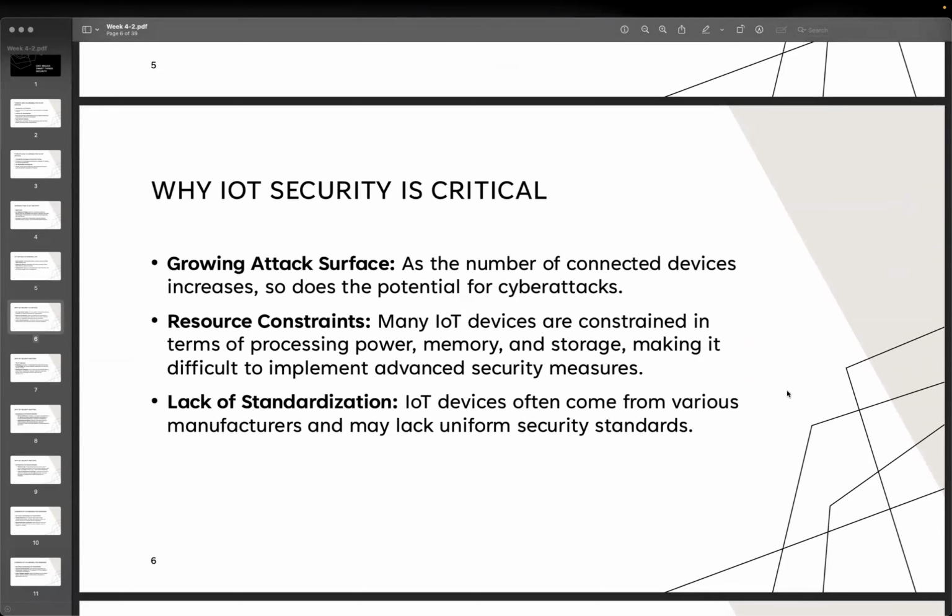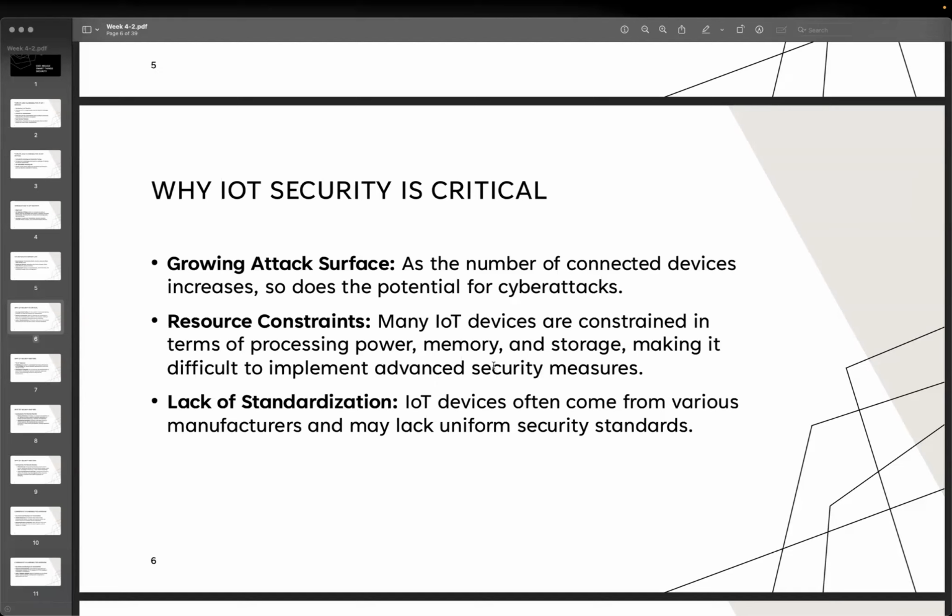It exists because of the growing attack surface: once the number of connected devices increases, there are more potential cyber attacks. There are also resource constraints. Many IoT devices are constrained in terms of processing power, memory, and storage, which makes it really difficult to implement advanced security measures.